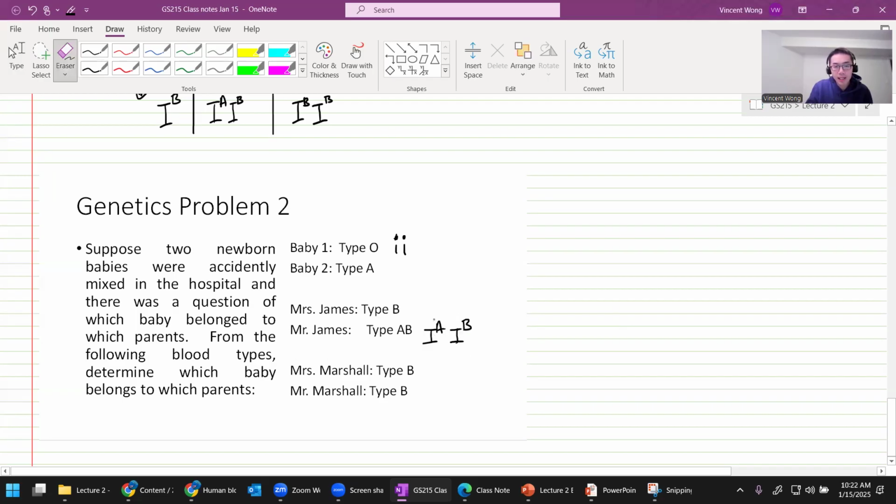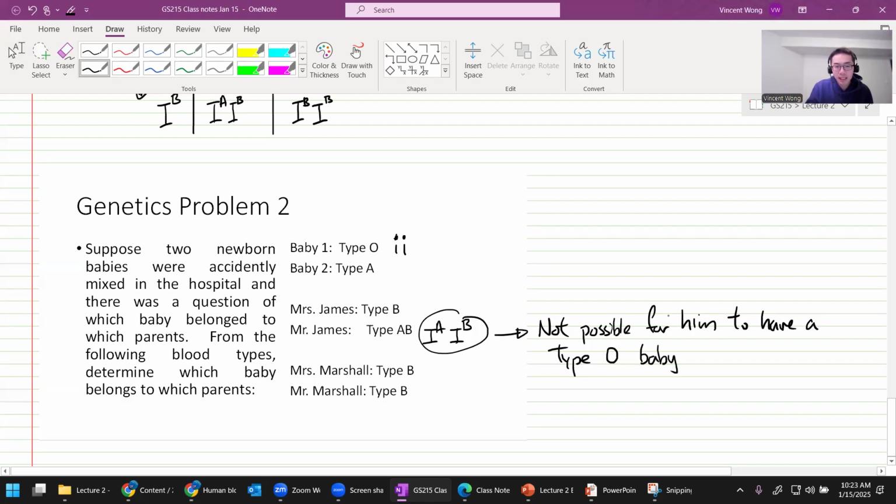So based on this alone, you can say it's not possible for him to have a type O baby. It doesn't matter who he marries. Doesn't matter his spouse's blood type. It's impossible for an AB person to have a type O baby because of what I said.